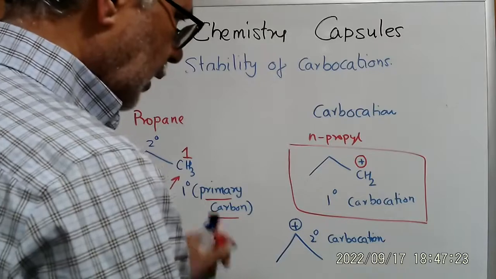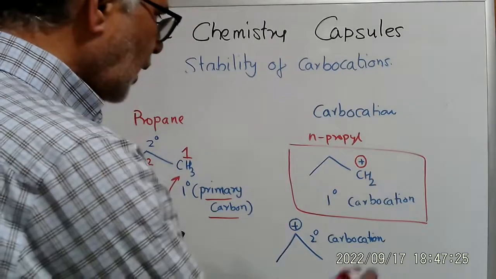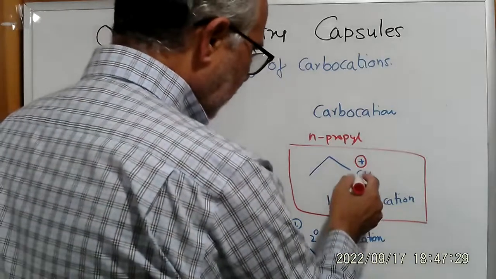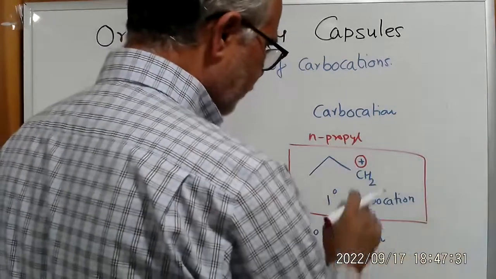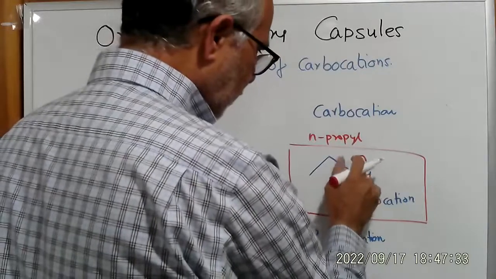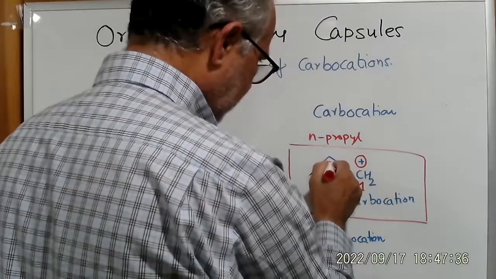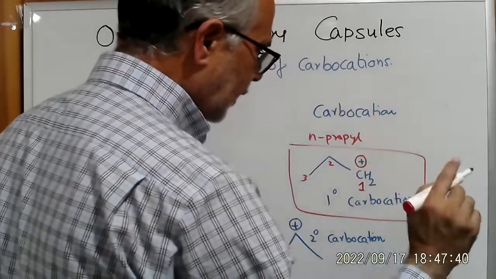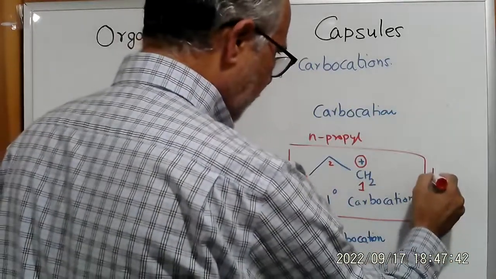Positive charge indicates the loss of electrons, as we know. It indicates loss of an electron. So carbon 1 of this chain has only 3 bonds and an empty p orbital.